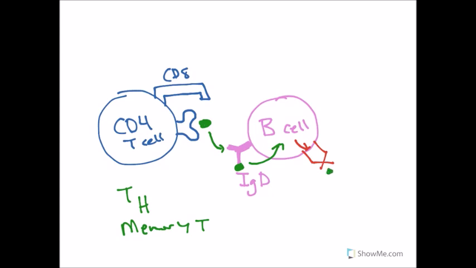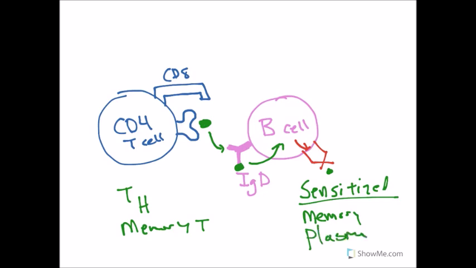And once this happens, we say this B cell is sensitized. And when it's sensitized, it becomes either a memory B cell or a plasma cell. And when it becomes a plasma cell, it will make the antibodies against only that antigen there.